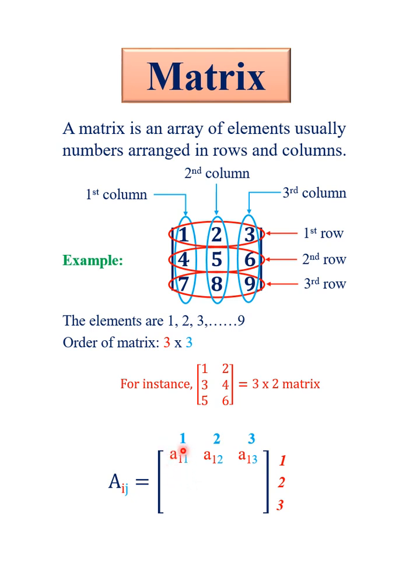Lowercase letter a for the first element. It means this position is for the first row and first column, as you can see here, a11. This position is the first row and second column. This position is the first row and third column. Similarly, a21 is the position for the second row, first column.